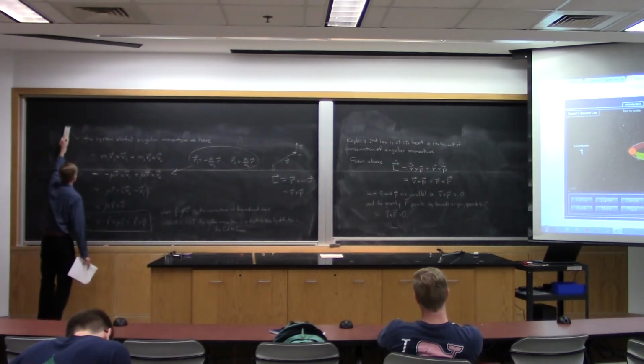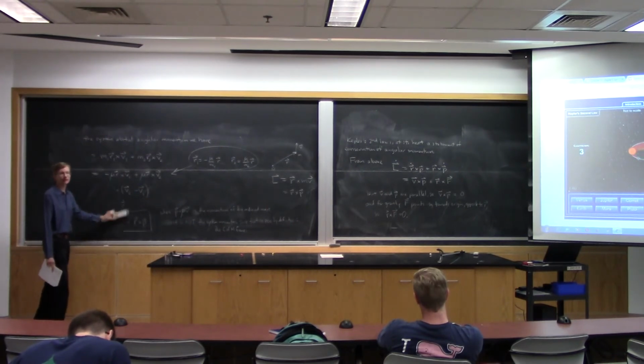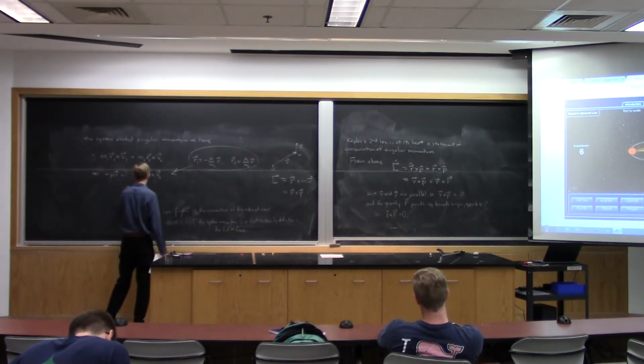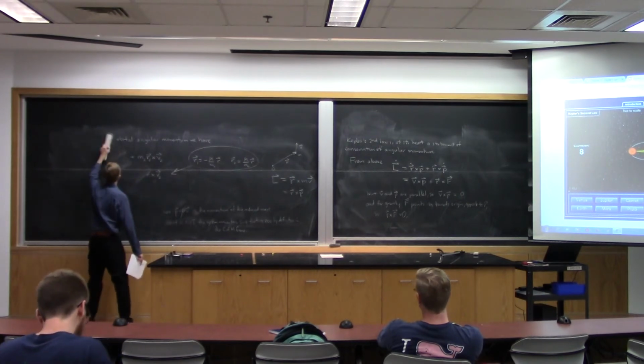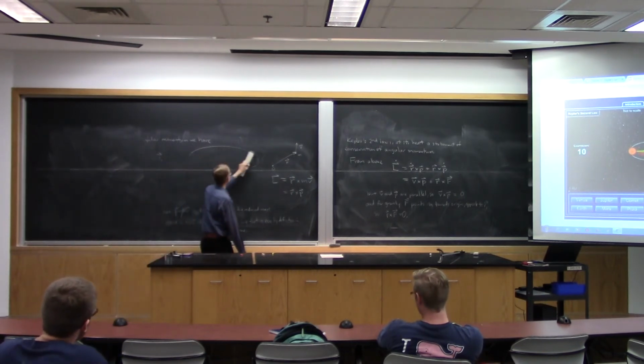So far what we've shown is that the angular momentum is constant for a central force like gravity. Gravity conserves angular momentum.